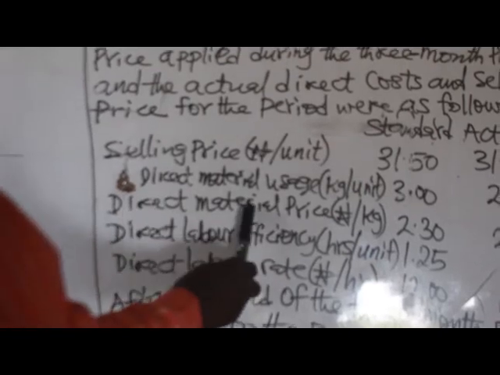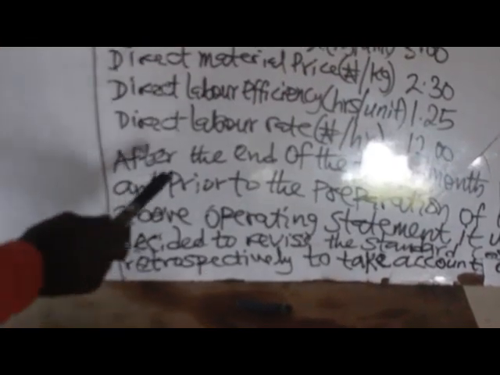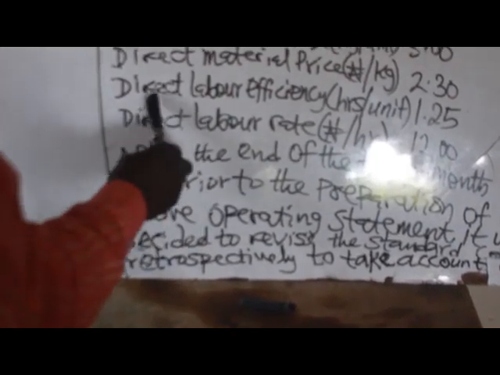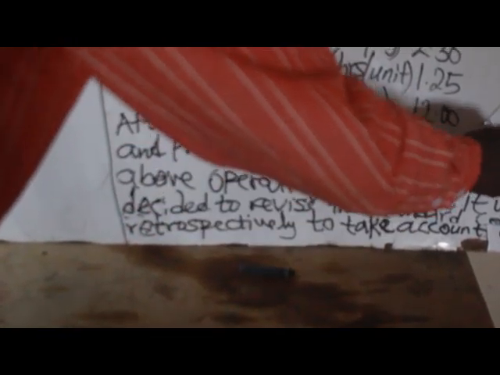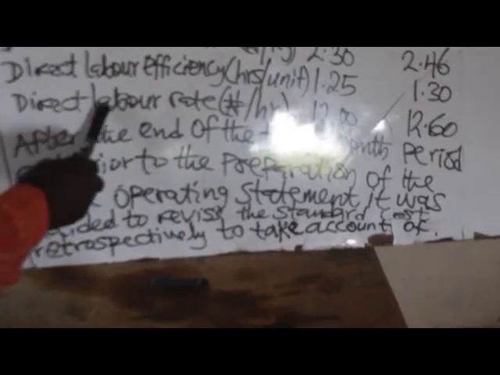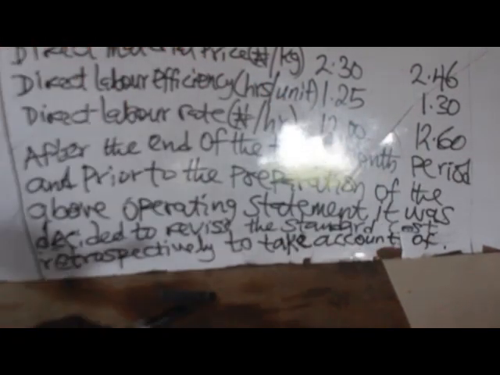Direct material price, naira per kilogram: 2.30 and 2.46 for standard and actual respectively. Direct labor efficiency, hours per unit: 1.25 and 1.30. Direct labor rate, naira per hour: 12 naira and 12.60.